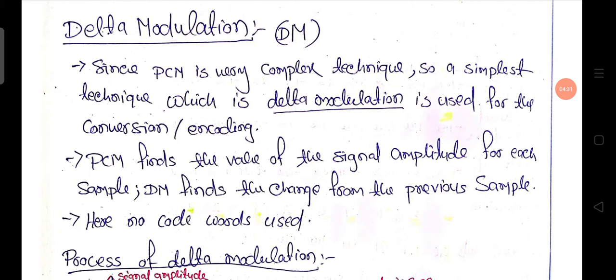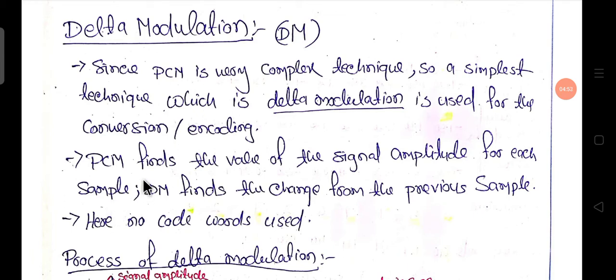In PCM, the PCM finds the value of signal amplitude for each sample. But DM finds the change from the previous sample.